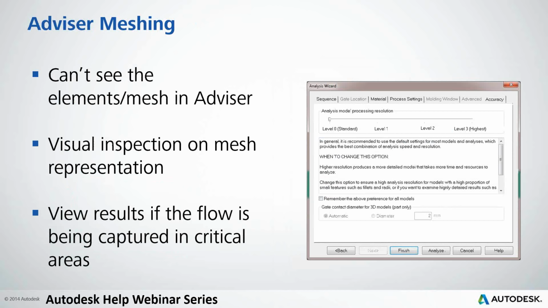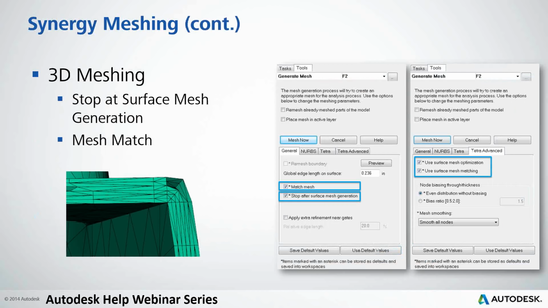Now again, that was with Synergy. Now if you're using the Advisor program, which is more geared towards designers who want to analyze the part while they're still designing that part, what you notice is you can't really see the elements, as I was saying in the previous slide here.